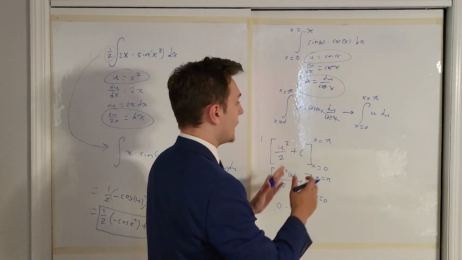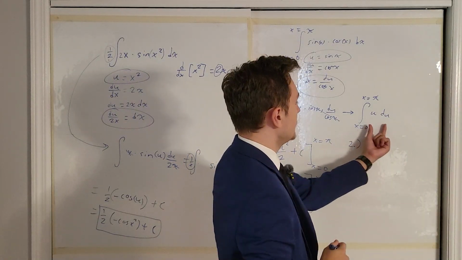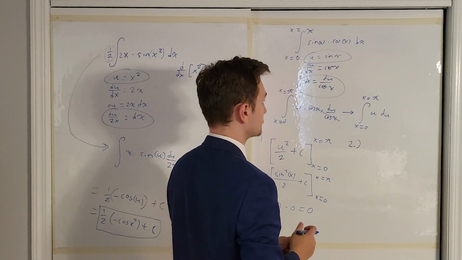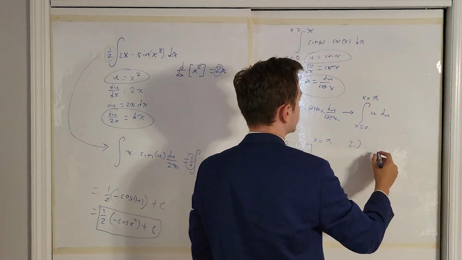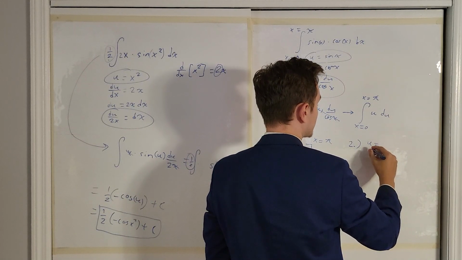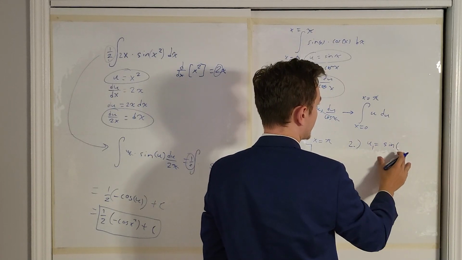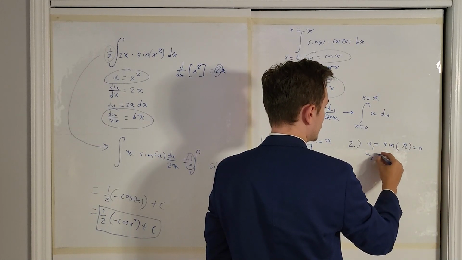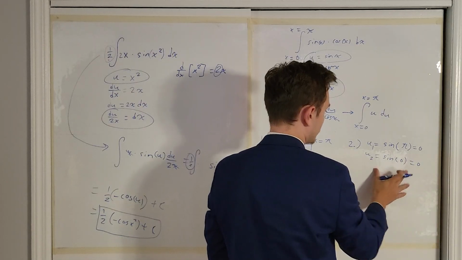Okay? Option 2 is, now that we're here, we're going to put our bounds in terms of u. Okay? But remember, we said u equals sine x. So we're going to take u1 equals sine of our first bound, sine of pi equals 0. u2 equals sine of our lower bound, sine of 0 also equals 0.